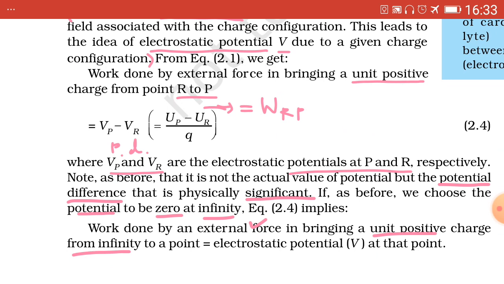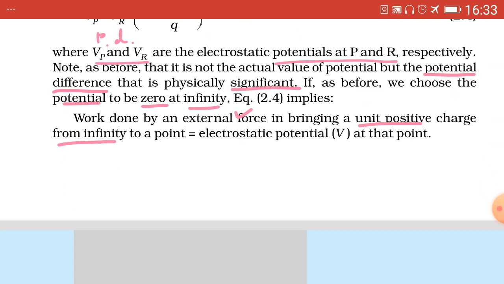So in symbolic form, V equals J upon C. Its dimensional formula in terms of M, L, T and A is M raised to 1, L raised to 2, T raised to minus 3, A raised to minus 1.